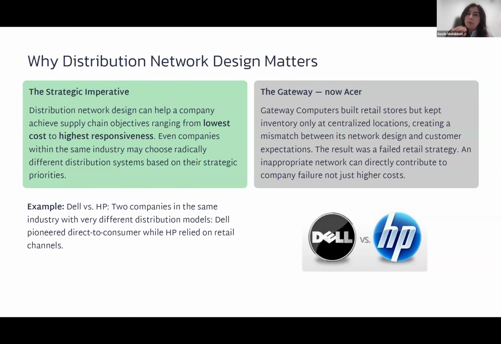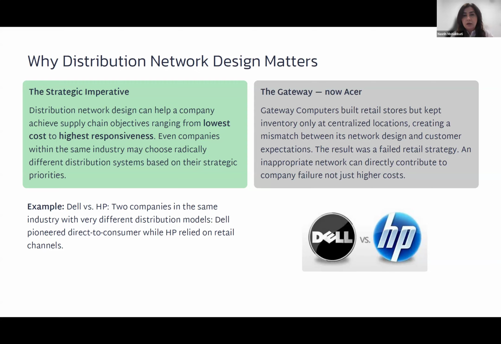If you remember, in the previous lectures we talked about companies deciding about their strategic fit, about their supply chain strategy and business strategy and how they align. Some companies decide to offer low cost to their customers.